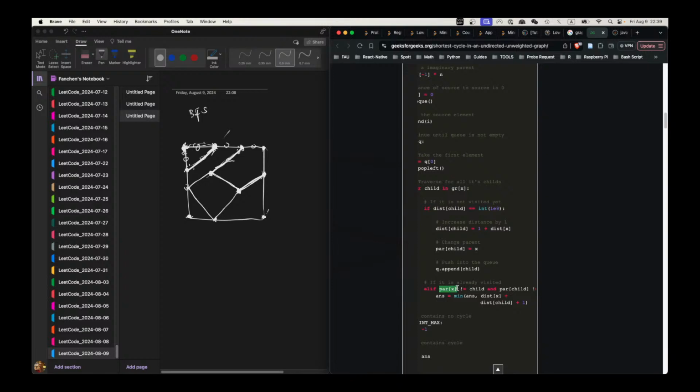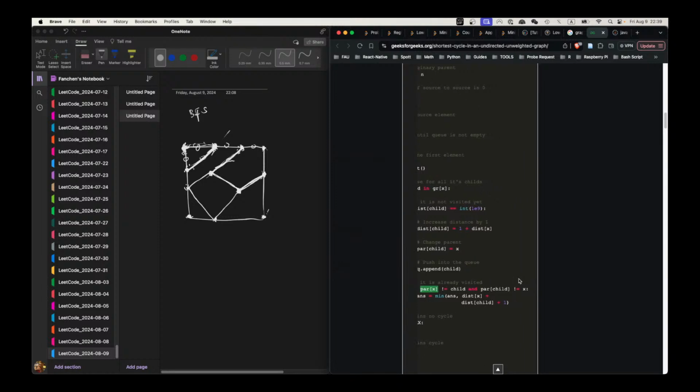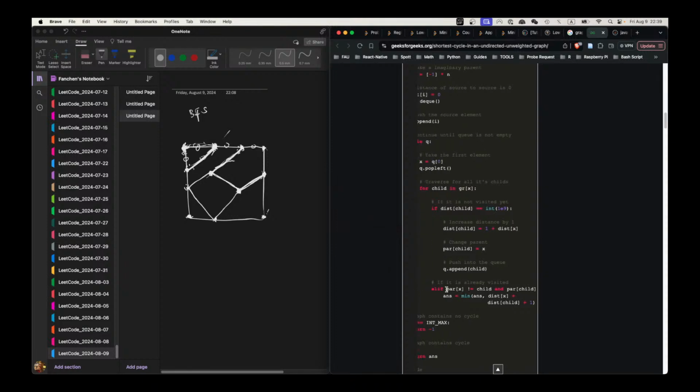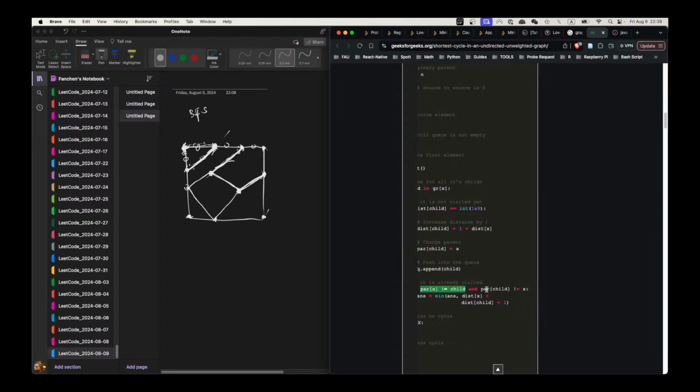Because parent x is who goes to x. We say it's not child to go to x because we are trying to go from x to child, right? Or the child's parent is not equal to x, which means when child was visited, it was not visited from x. So this line means we're not going back and forth. This line means we are not revisiting the same edge. Then we have formed a cycle.